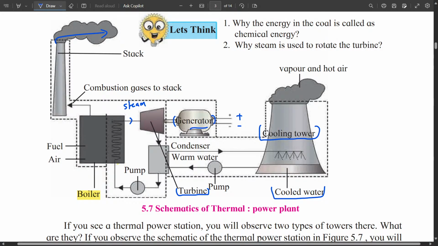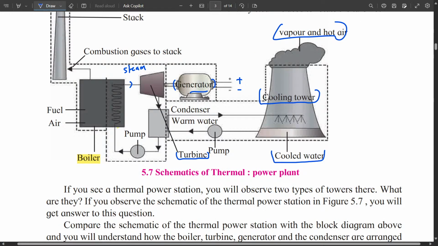The second tower is the cooling tower, and that is giving out the vapor and hot air. So compare the schematic of the thermal power station with the block diagram and you will understand where is the boiler, where is the turbine, generator and condenser, how they are arranged one after the other.